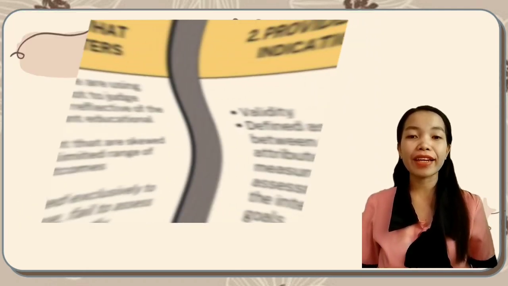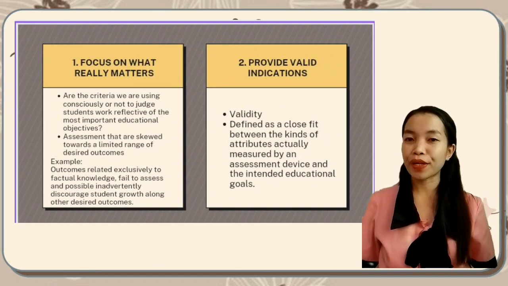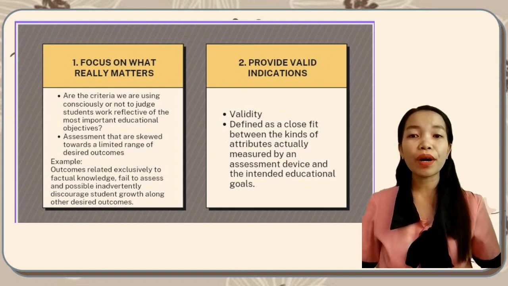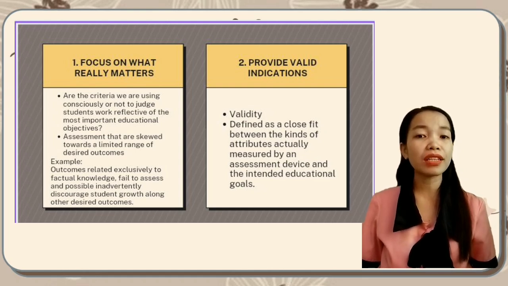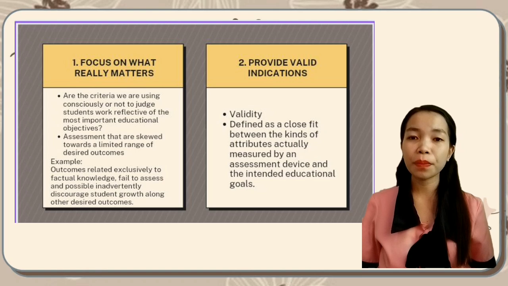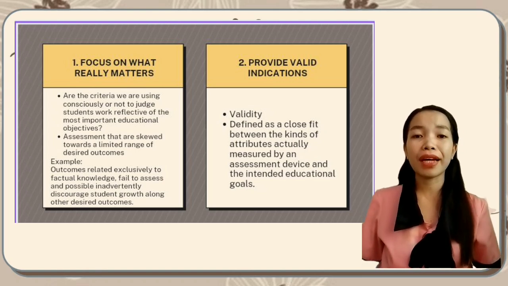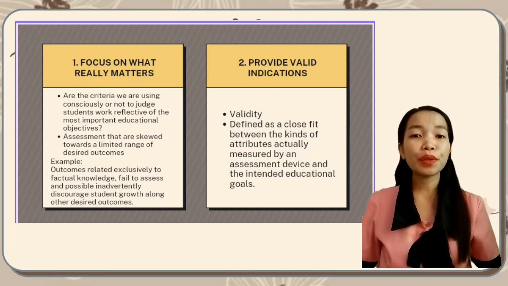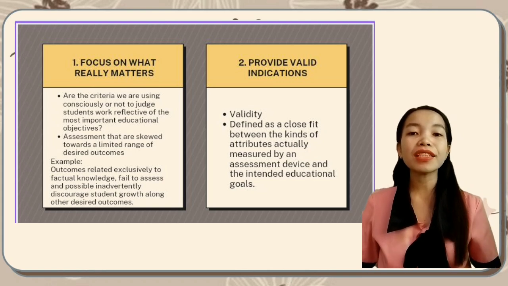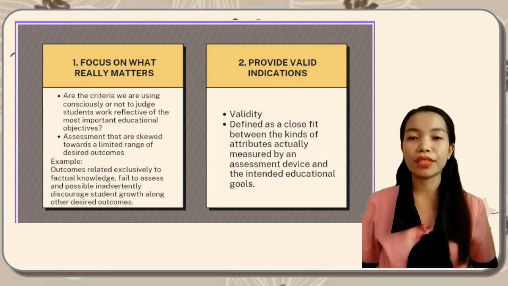So number 1 is focus on what really matters. Are the criteria we are using, consciously or not, to judge students' work reflective of the most important educational objectives? So assessments that are skewed towards a limited range of desired outcomes.